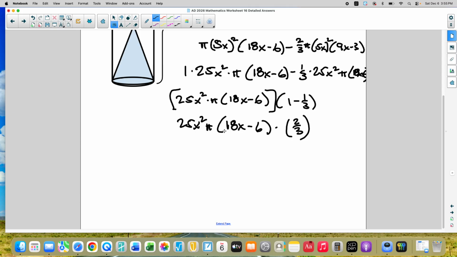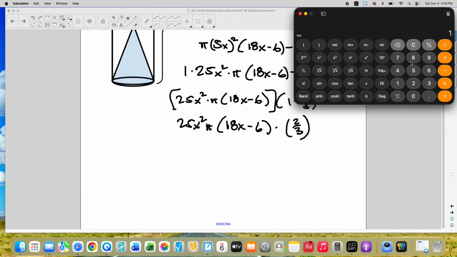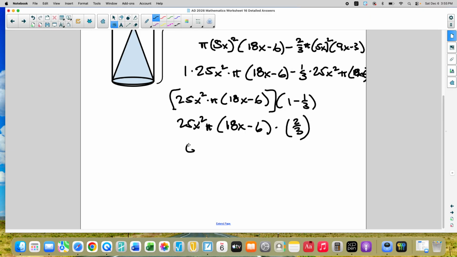So distribute 25 times 18, that's 450. 450x cubed pi minus 150x squared pi.